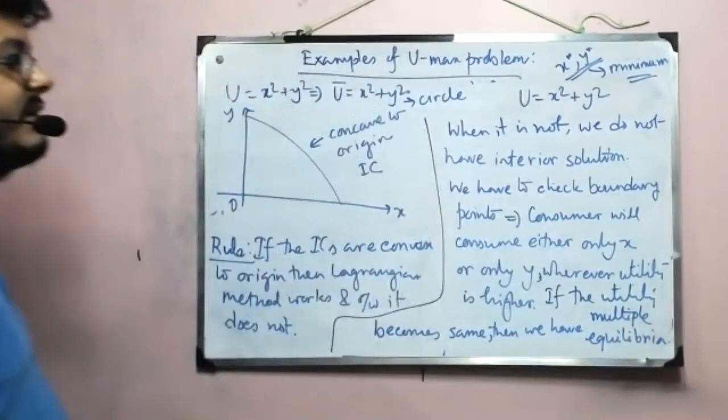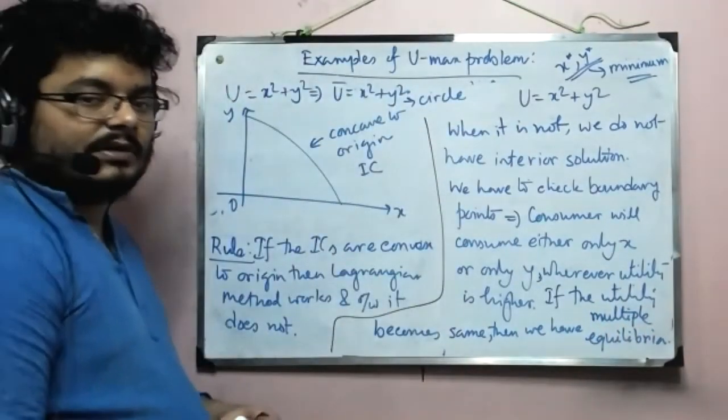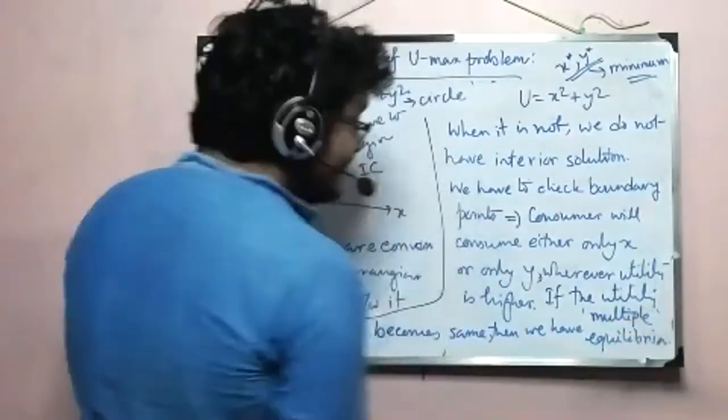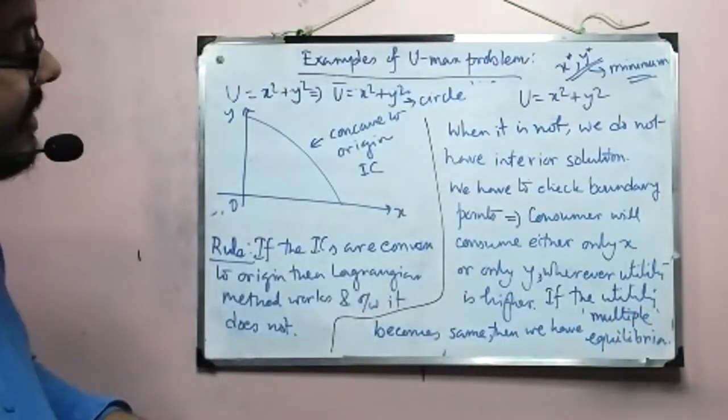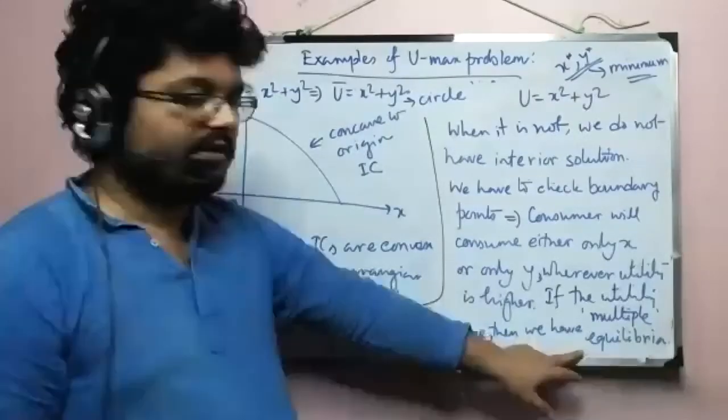So if we have identical utilities, then we have multiple equilibria.